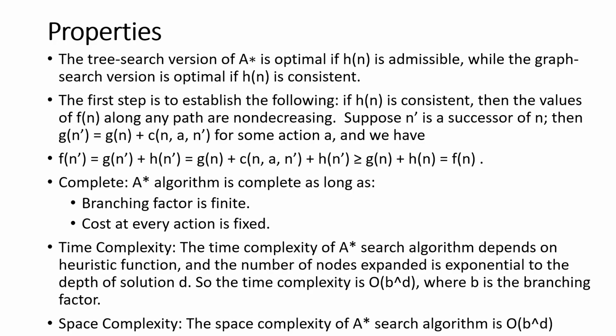So the heuristic h(n) is consistent if for every node n and its successor n', where g(n) is the cost from the start node to n, and c(n, a, n') is the cost of the action from n to n'. Then g(n') = g(n) + c(n, a, n'), and we know that f(n') will be g(n') + h(n'), which we can equate with g(n) + c(n, a, n') + h(n').